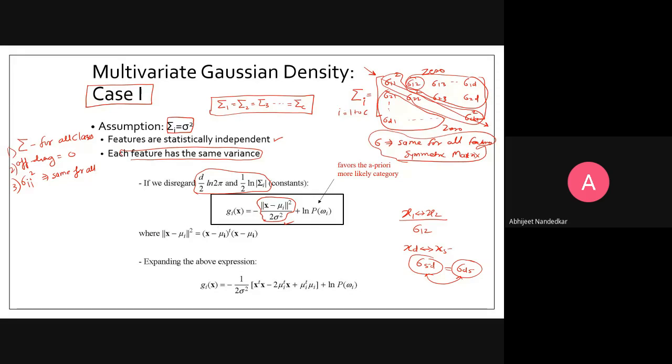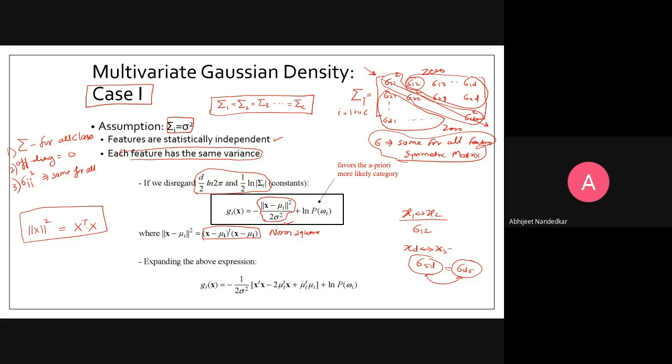Where this first term now is nothing but this. This is called the norm square of a vector. So x transpose x is called the norm of a vector, that is the length of a vector squared. Remember this.